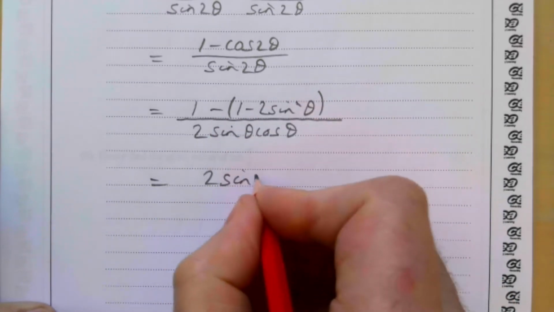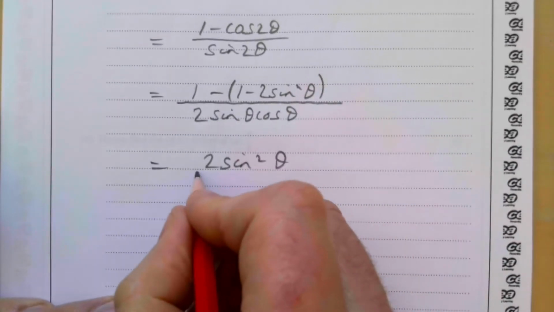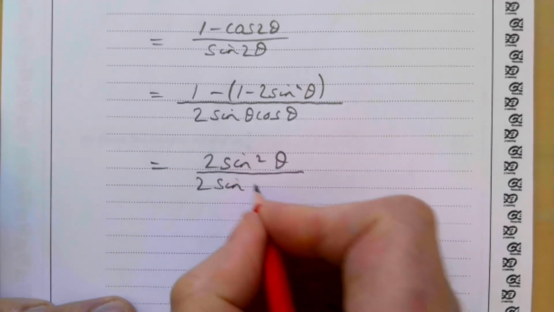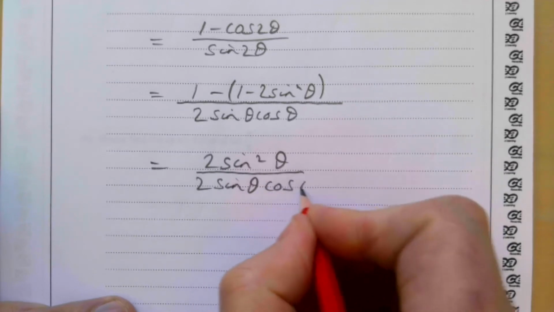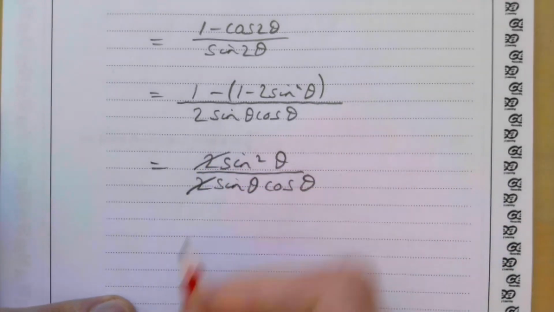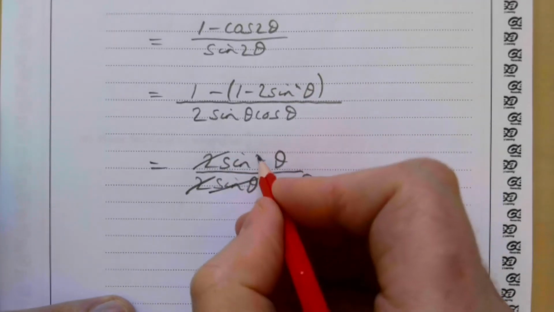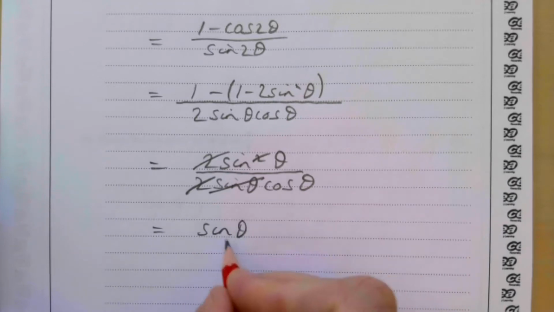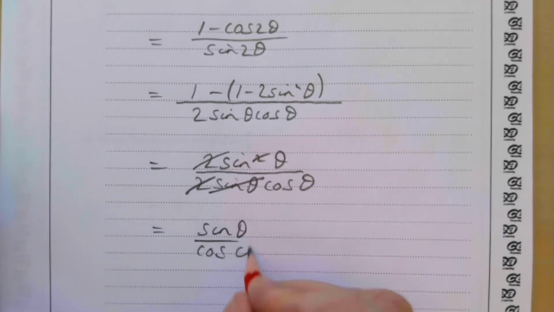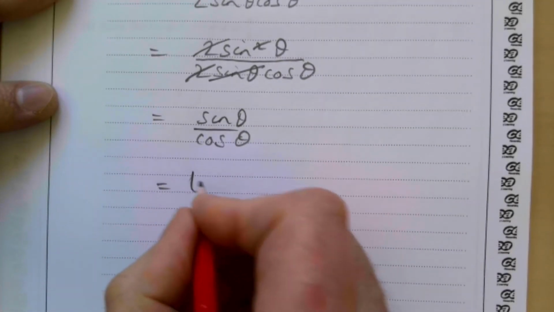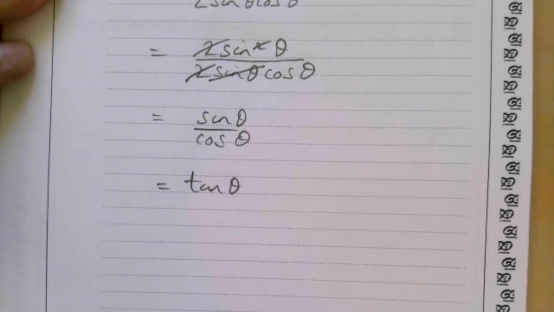So we get 2 sine squared theta all over 2 sine theta cos theta. I think we're almost there. So the 2 cancels, sine theta cancels with that, so we're left with sine over cos. And even I know that that is the same as tan theta.